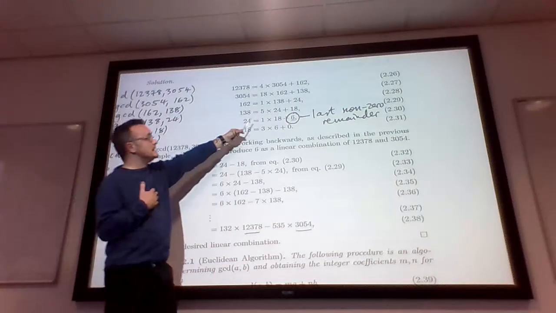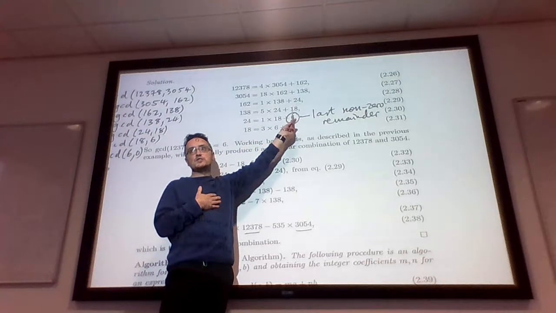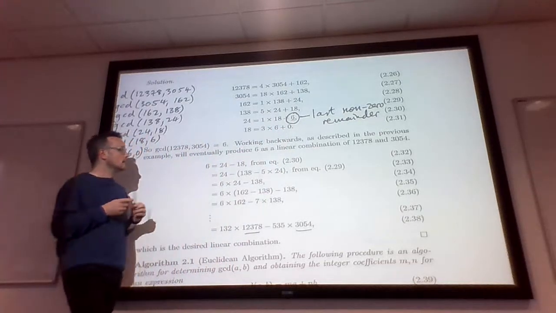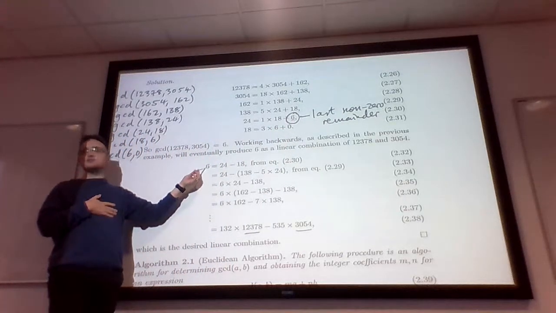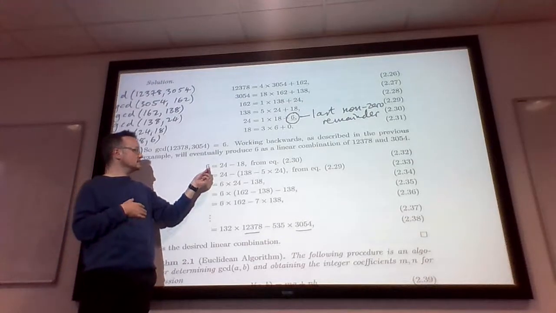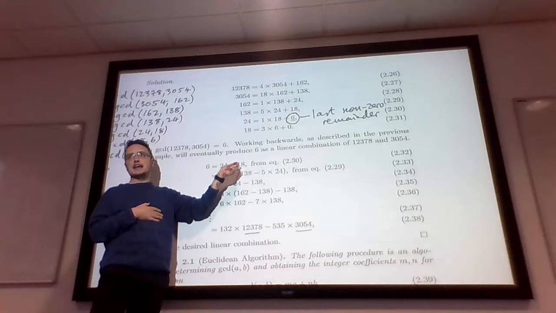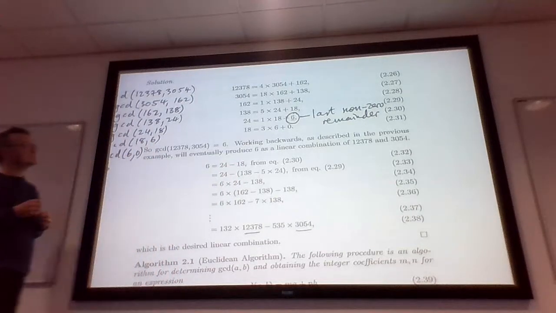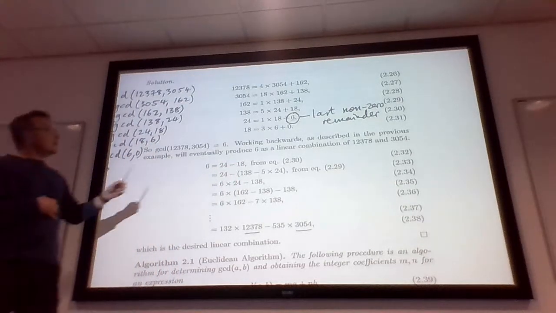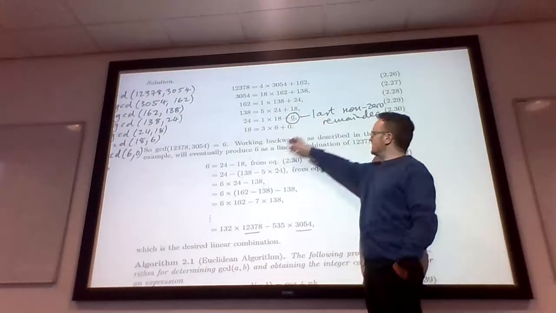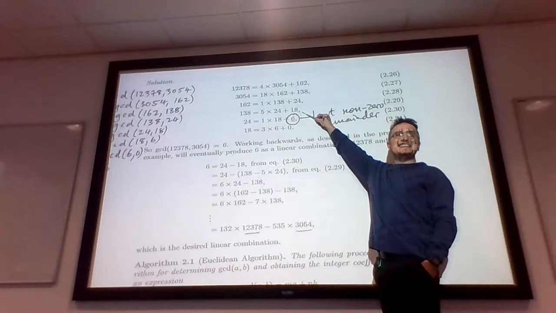So if we look at the second last equation, which featured 6, the greatest common divisor, as the remainder, if we make 6 the subject of that equation, we get 6 expressed as a simple linear combination here, 24 minus 18. But one of those numbers is the previous remainder, the 18.